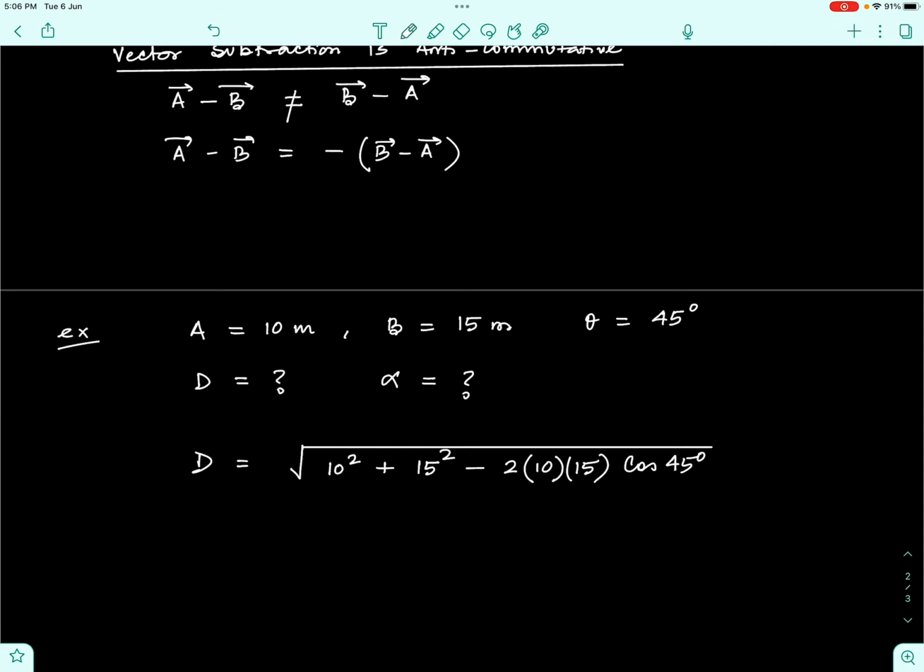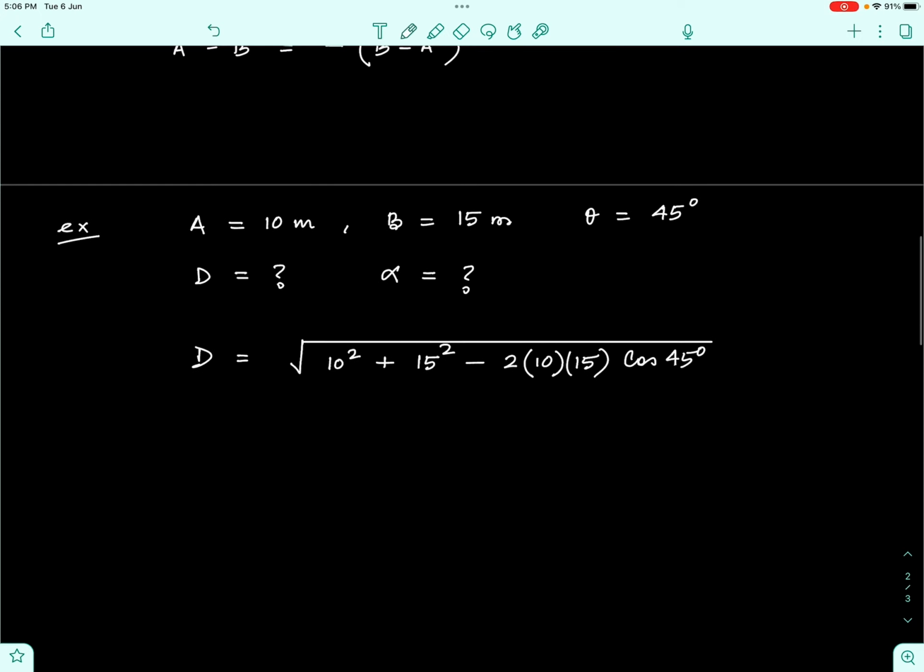We can simplify this expression to get the magnitude of vector D. Similarly, we can find out tan of the angle alpha that the difference vector D makes with the first vector A, which by definition is b sin theta, which in this case is 15 sin 45, divided by a minus b cos theta, actually 10 minus 15 cos 45. So, we can simply solve these expressions to get our answers.